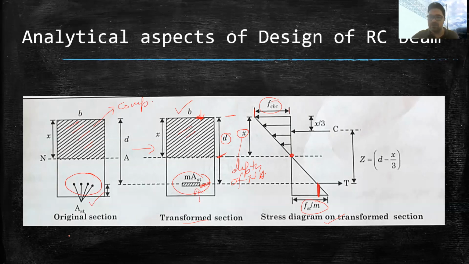Now we know that the stress variation above the neutral axis is linear, which is why the stress forms a triangle. You can see a maximum, a minimum, and a linear variation.